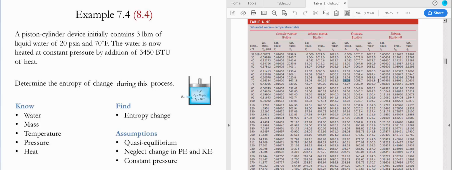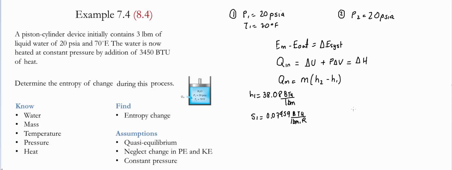And we go across and we find that the value for the entropy is going to be 0.07459 BTUs per pound mass Rankine. Now that we have the initial value of the enthalpy, we could find the final value using this equation. So we simply solve for h2. The heat going in divided by the mass plus the initial enthalpy will be equal to h2. The heat is 3450 BTUs.